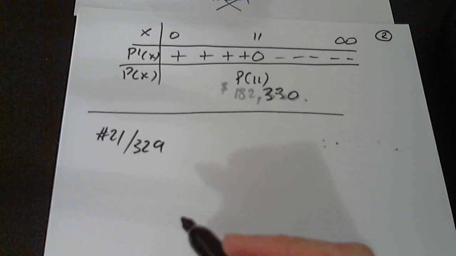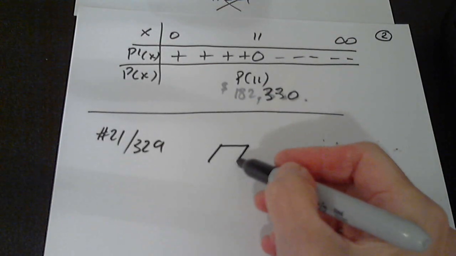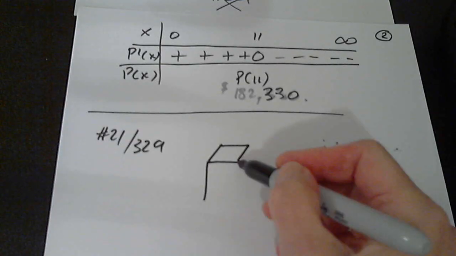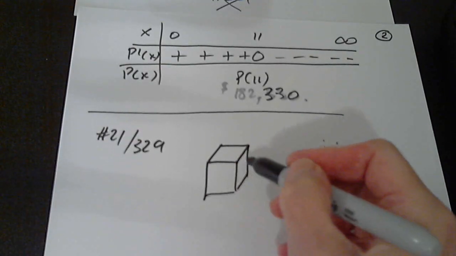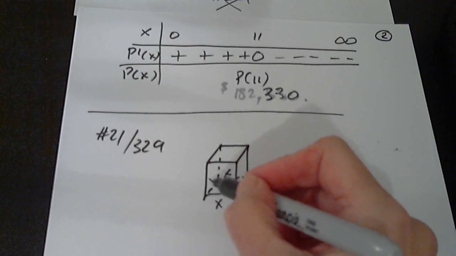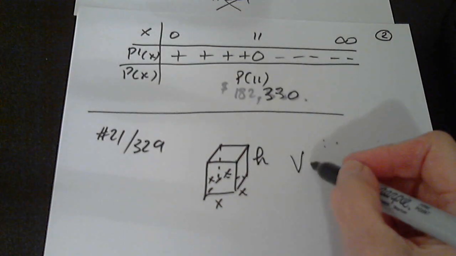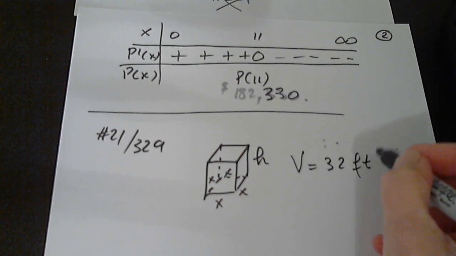In 21, minimizing surface area. So Mendoza's Soup Company is constructing an open top, square base, and the height, rectangular metal tank that will have a volume equals 32 cubic feet.